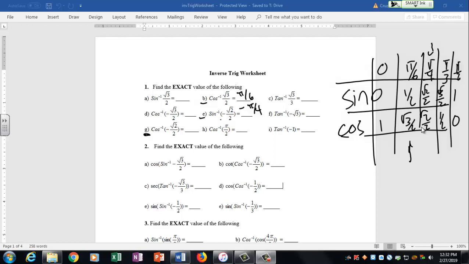Looking at G, cosine is negative square root of 2 over 2. Where is cosine negative at? All arc functions are positive in quadrant 1. Arc cosine, cotangent, and secant are all negative in quadrant 2.